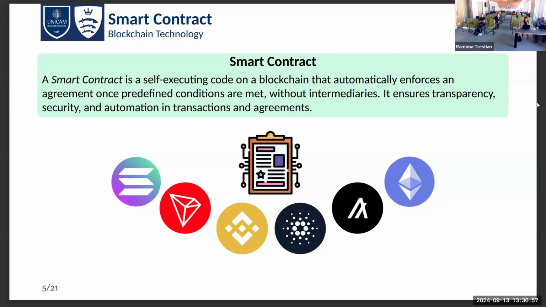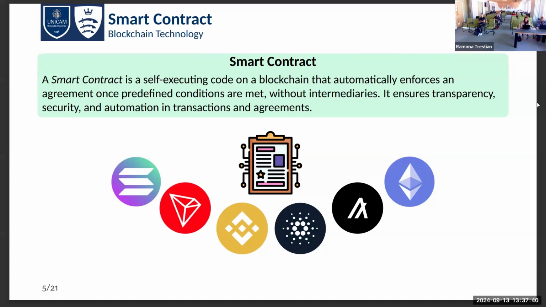Since 2015, Ethereum proposed the concept of a smart contract, which you can think of as a portion of code, a portion of software, stored in a distributed environment in which everyone can interact with it. This code is executed by the majority of the nodes of the network, making the execution of the functions contained in the smart contract as secure as possible.